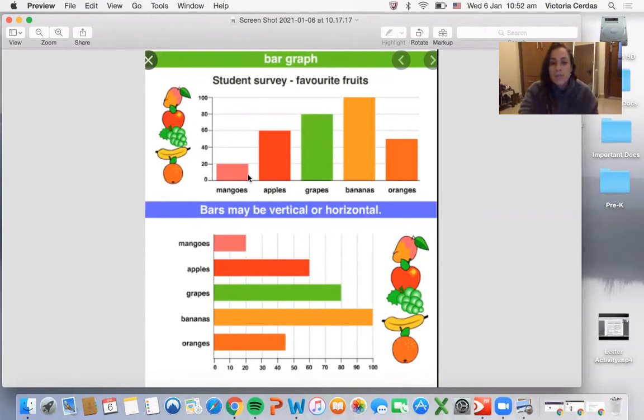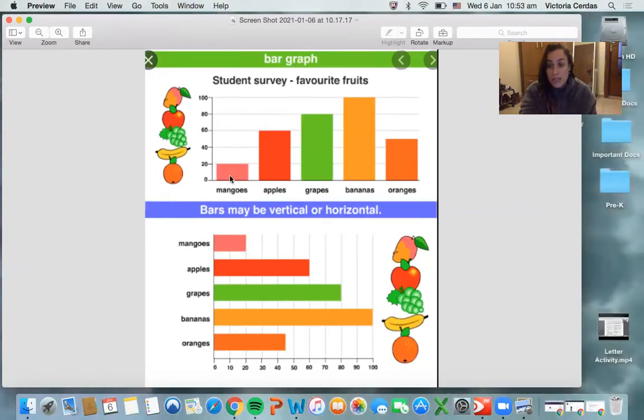And we need to see these bars. We can already see which one is bigger, longer than the other. So it says here that only 20 people liked mangoes. Over here, apples had a bigger amount of people, 60 people. These are big numbers. Then grapes, they say that 80 people like grapes.